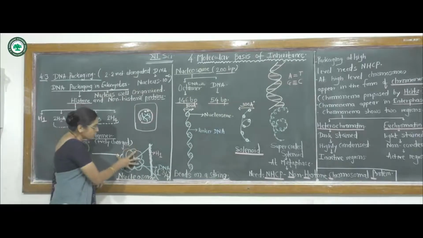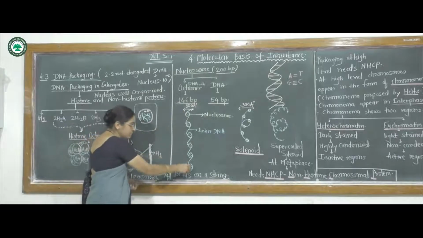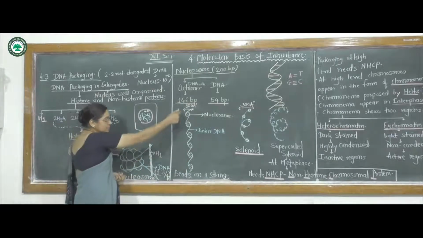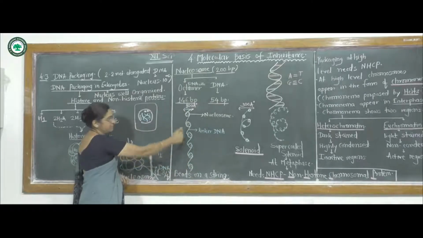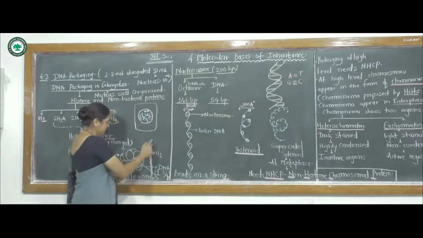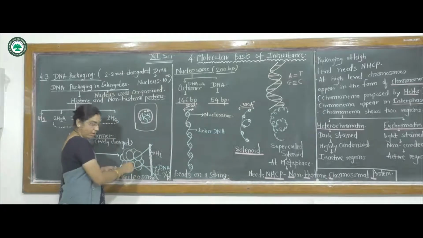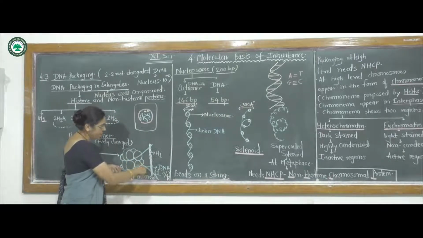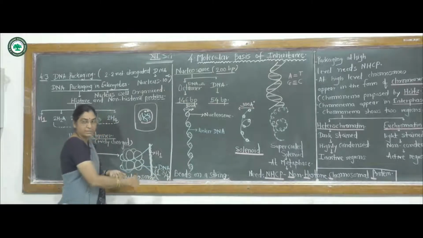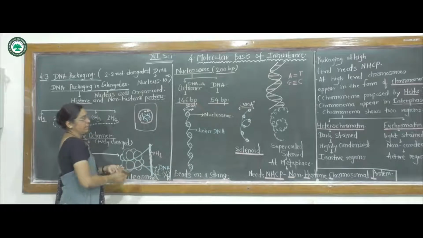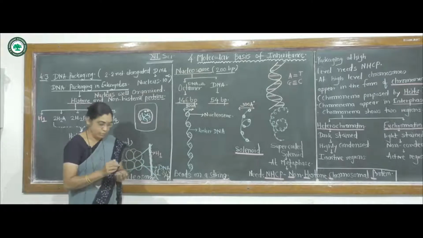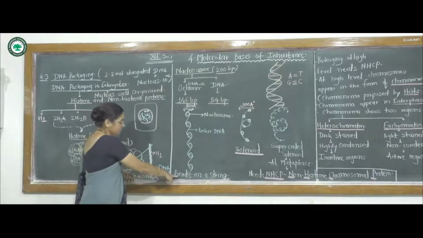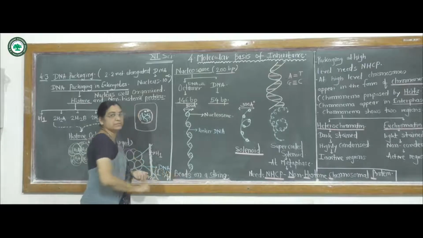So such a number of nucleosomes looks like this: suppose one nucleosome, then another, third, fourth, fifth, sixth, like this. The successive nucleosomes get interconnected, and the strand coils around each nucleosome, then leaves, and enters and wraps around the next nucleosome, and in this way the strand looks like a beaded chain like structure.